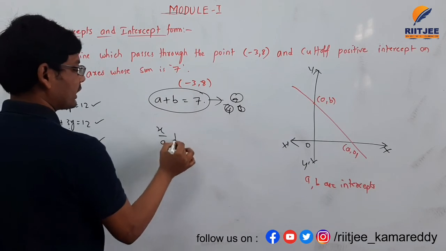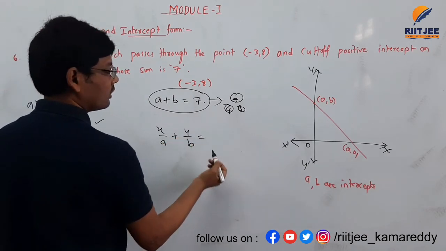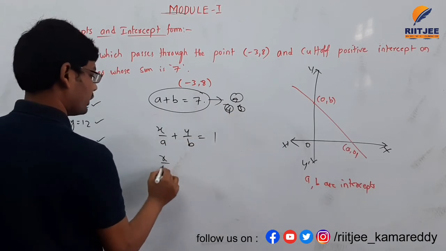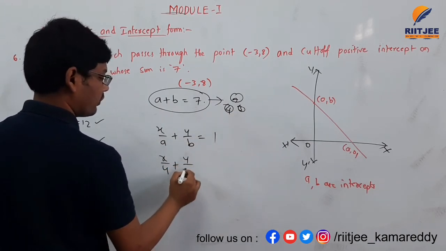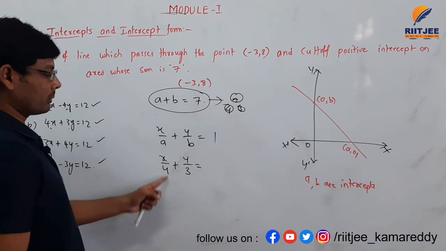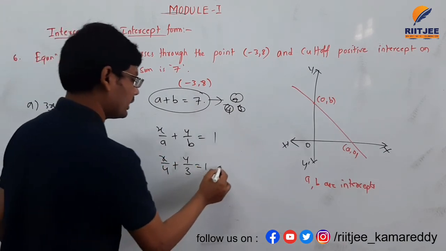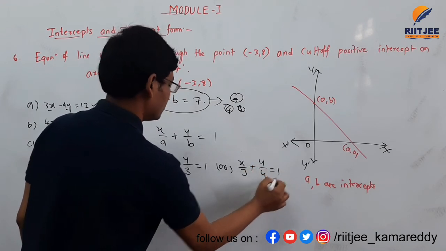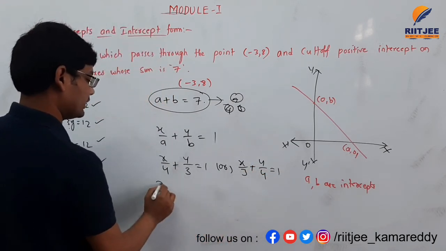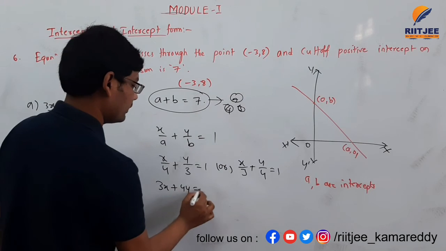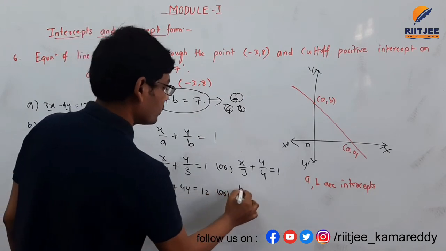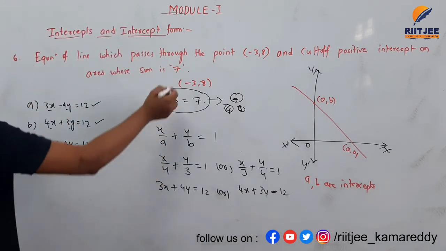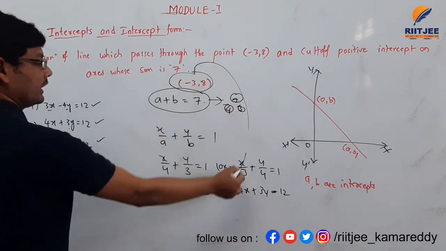The intercept form is x by a plus y by b equal to 1. For example, if you take 4 and 3: x by 4 plus y by 3 is equal to 1, or x by 3 plus y by 4 is equal to 1. If you take the LCM, that is 3x plus 4y is equal to 12, or 4x plus 3y is equal to 12.